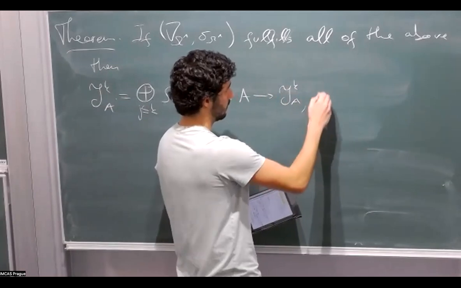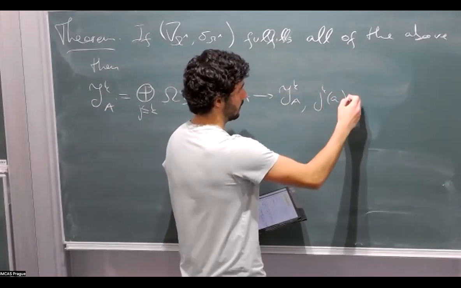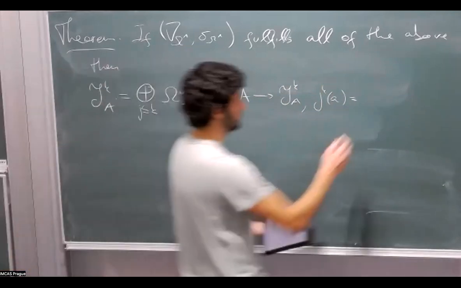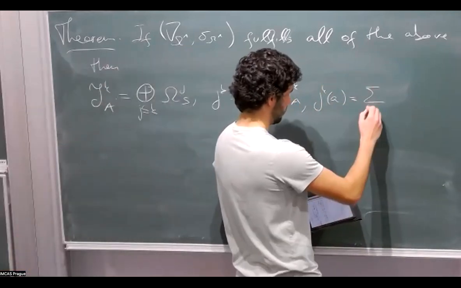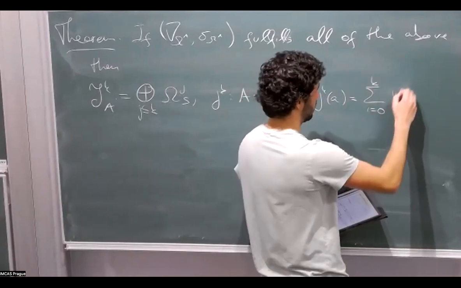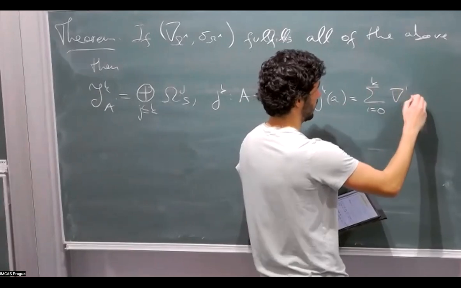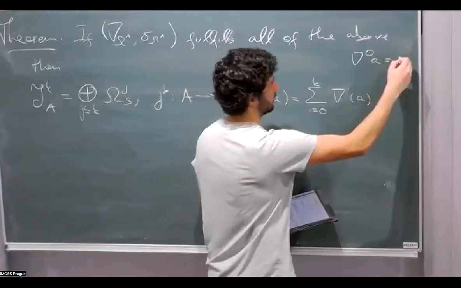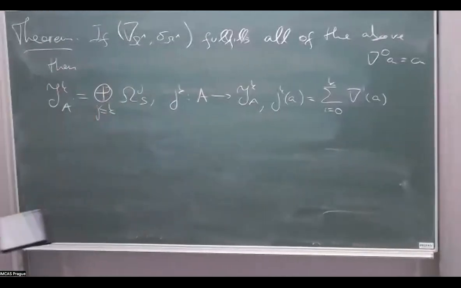This is then j^k A, which will just be the sum of all derivatives up to order k, so i equals 0 up to k of nabla^i A, where of course the 0th order derivative I just mean A itself.